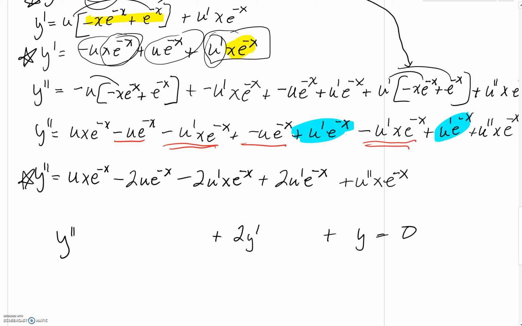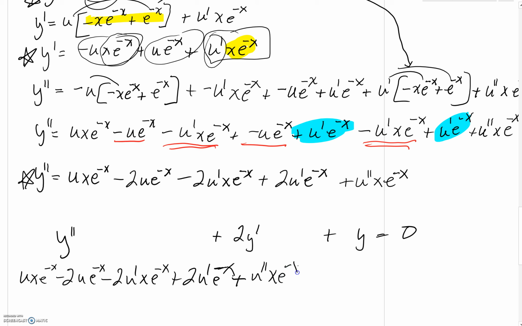We're going to substitute this all in. Look, for y double prime, we'll have a ux e to the negative x minus 2u e to the negative x minus 2u prime x e to the negative x plus 2u prime e to the negative x plus, make sure that jumps out, u double prime x e to the negative x.